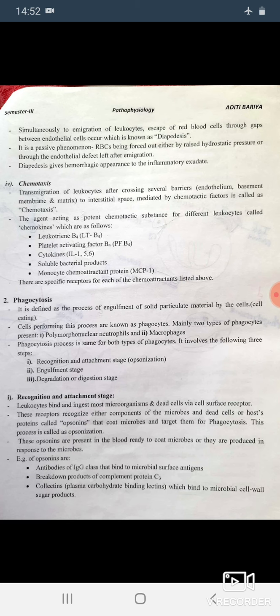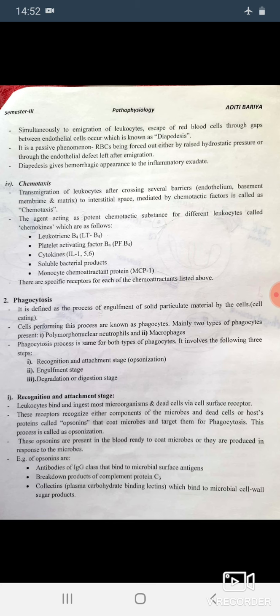Leukocytes bind and ingest most microorganisms and dead cells via cell surface receptors. Means leukocytes bind with the solid particulate material by their cell surface receptors.